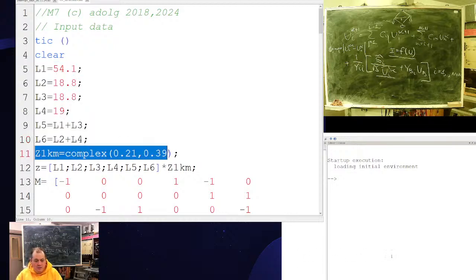Here, usually for a 110 kilovolts network, resistance of 1 kilometer will be something like 0.2 active plus 0.4 inductive.